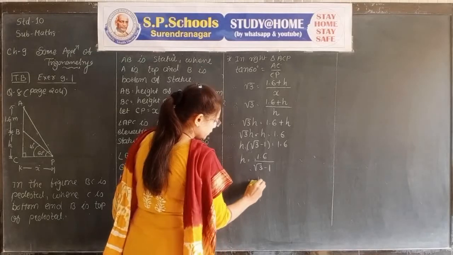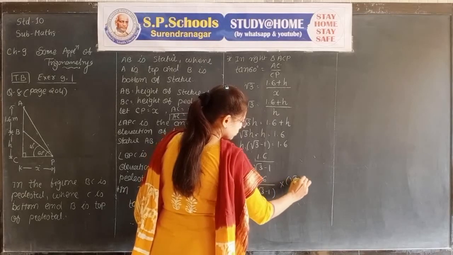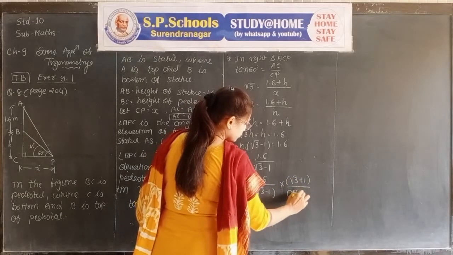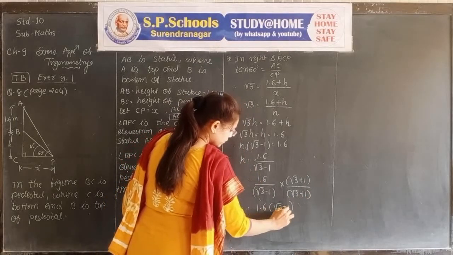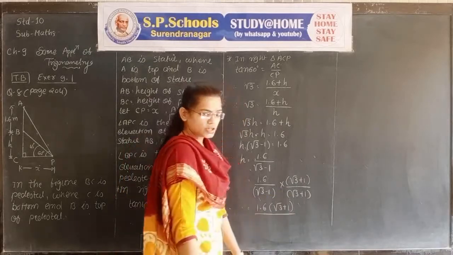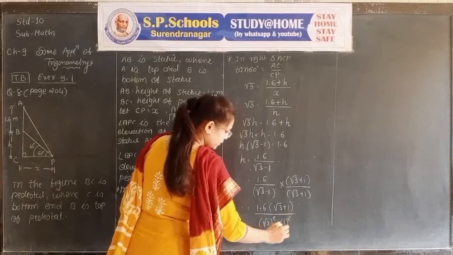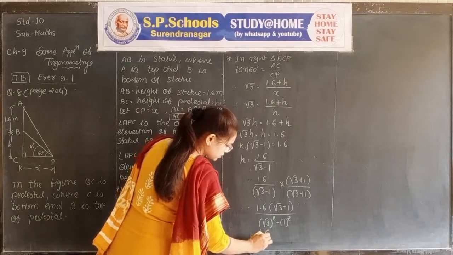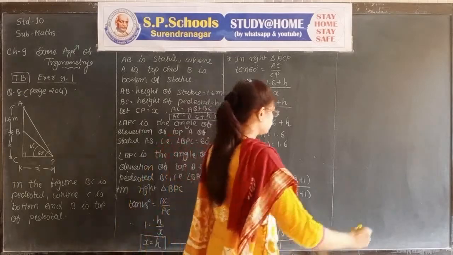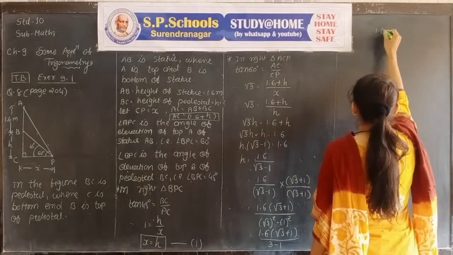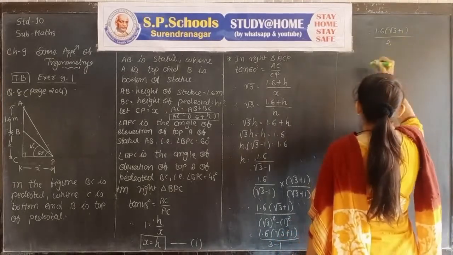First rationalize the denominator. 1.6 upon root 3 minus 1, multiply with root 3 plus 1 and divide by root 3 plus 1. 1.6 as it is, root 3 plus 1 upon root 3 minus 1 times root 3 plus 1, which is the factors of square of root 3 minus square of 1. 1.6 into bracket root 3 plus 1 upon 3 minus 1, which is 2.